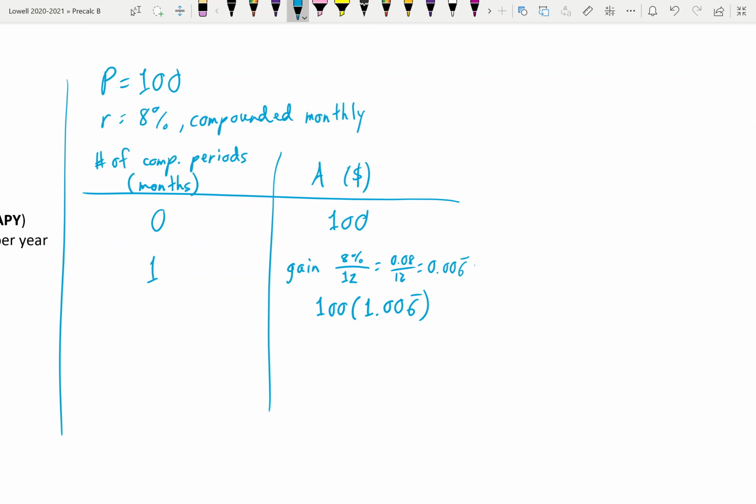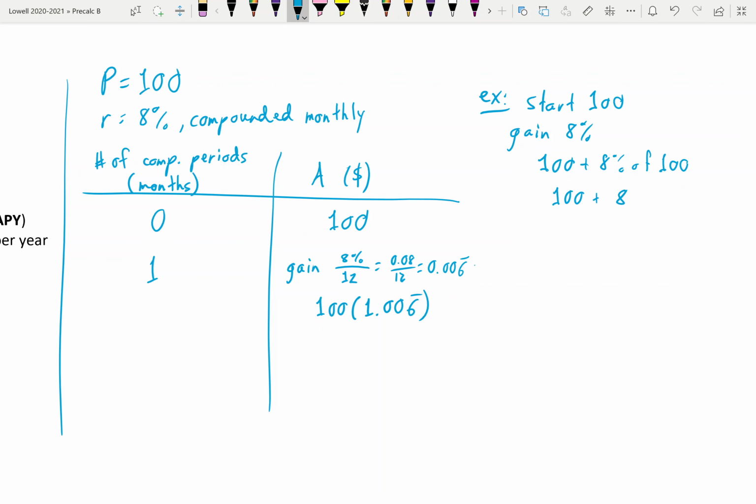Okay, so to actually see this, a little aside here. Let's pretend I start with $100, like we did, and let's just say I gain 8%. Well, you're going to be doing 100 plus 8% of 100, which is 8. So 100 plus 8.